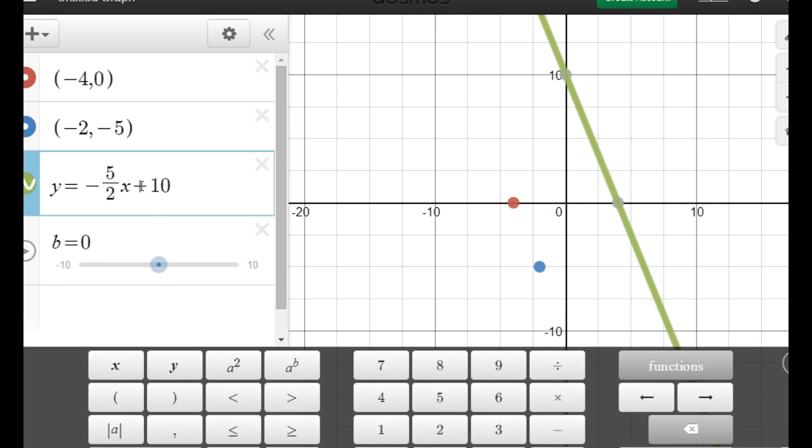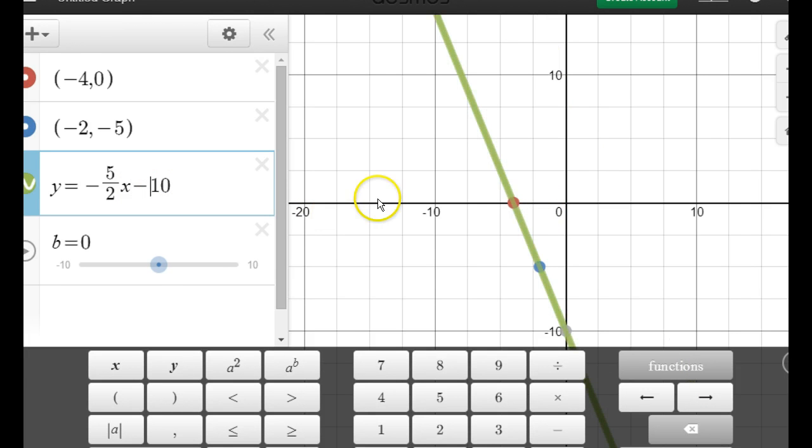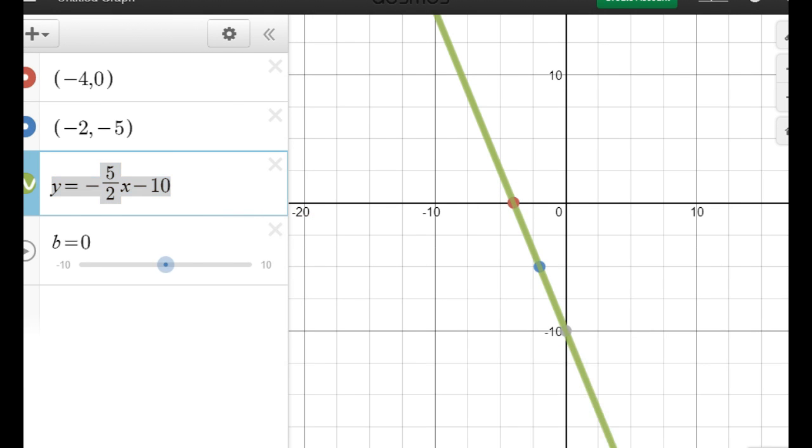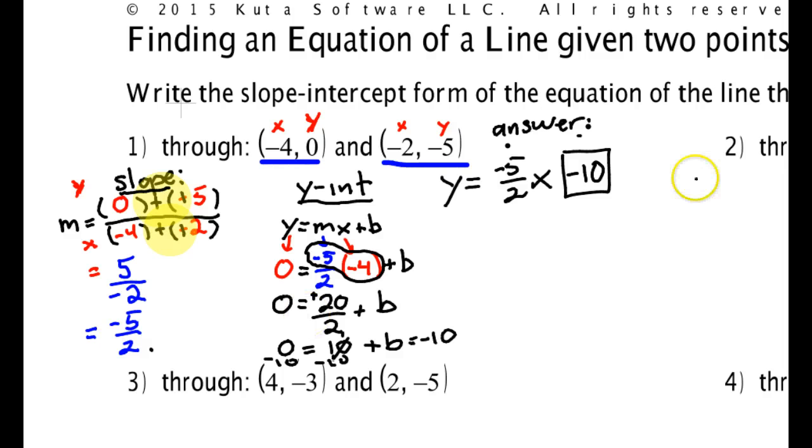But if we change that to a minus, now you can see we got the right equation. So every equation you write down, it's verified on Desmos that, yes, that is the right equation. So everybody has an answer key by the time you're finished with this assignment. Okay?